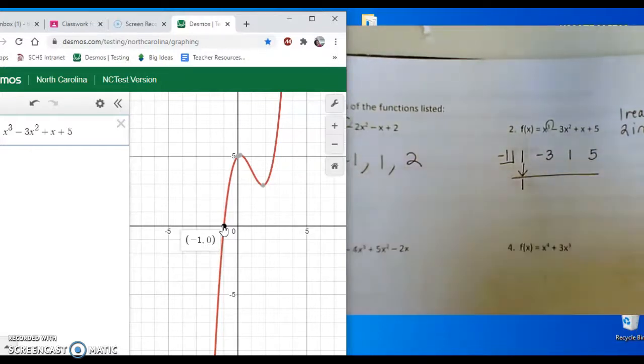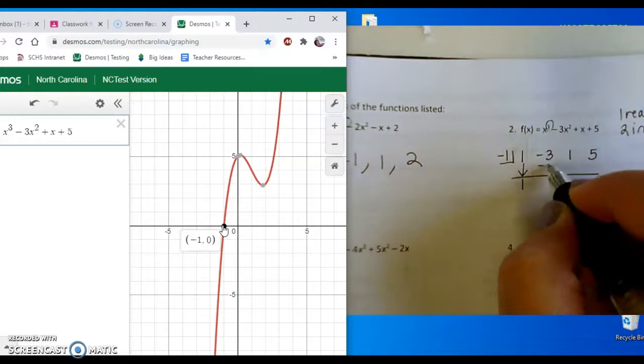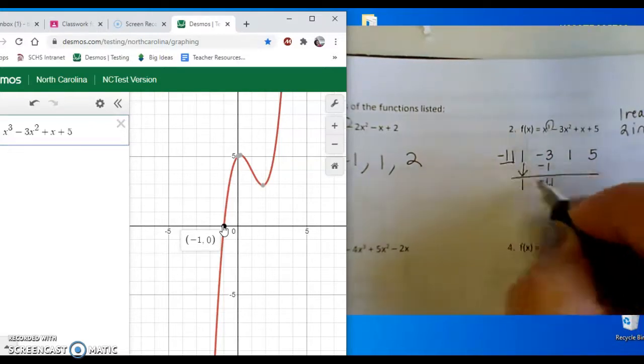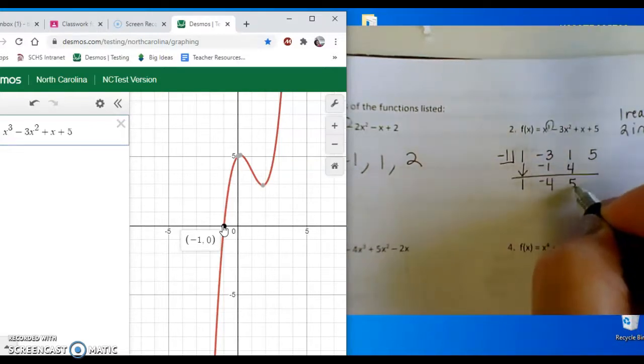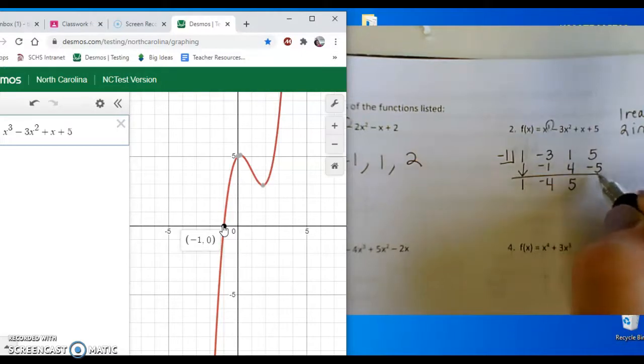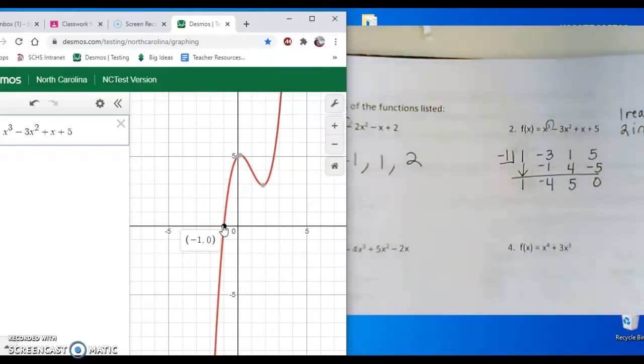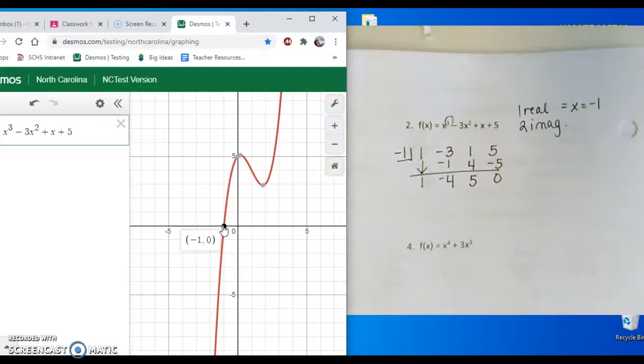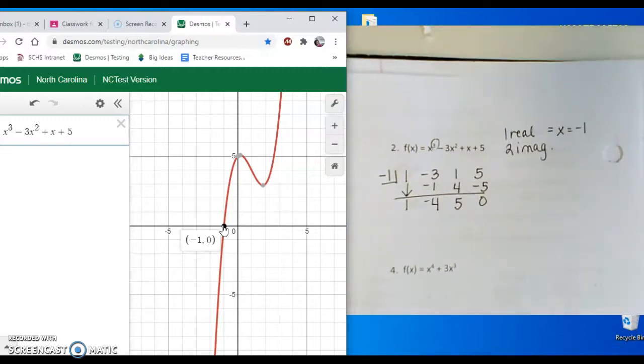Bring down the 1, multiply and add, multiply and add, multiply and add. When you have one real solution and 2 imaginary, and when you divide, you should get a remainder of 0.